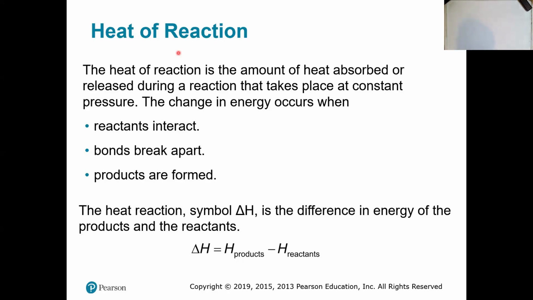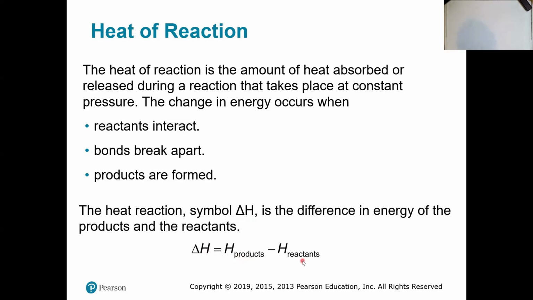The way we calculate the heat of reaction is we look at the heat that the reactants had at the beginning of the process, we look at the heat that the products have at the end of the process, and we subtract these. That value is going to be delta H. Remember that the triangle is the delta symbol, and that the delta symbol means the change in that particular property. So we're looking for the change in the amount of heat that our products have compared to what our reactants had.